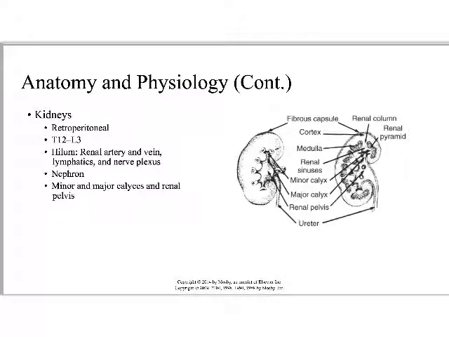Major calyces drain into minor calyces, which look like pomegranate seeds to me on this illustration in the textbook. Those then drain into the renal pelvis, and ultimately the renal pelvis drains into the ureter.